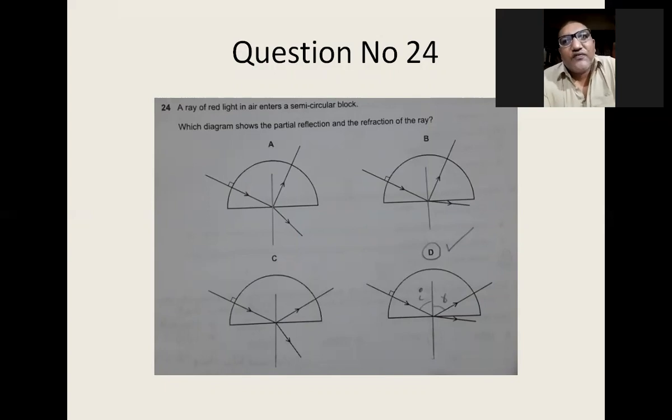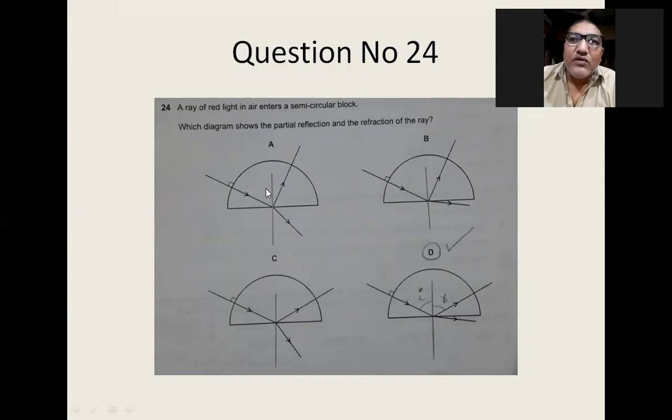Here, the process of reflection, and actually total internal reflection, has taken place, and also the refraction is taking place. For the reflection, in diagram A the angle of incidence and angle of reflection should be equal to each other. So diagram A is wrong because here the angle of incidence is larger and the angle of reflection is smaller.